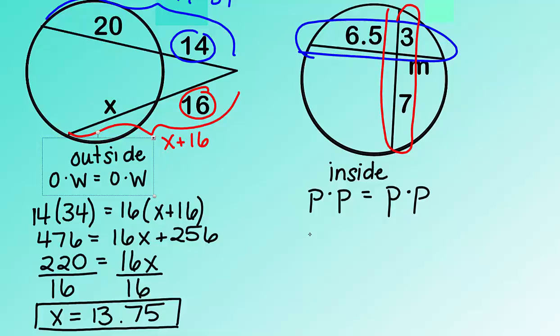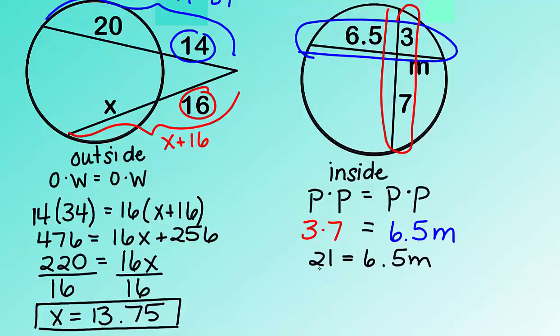And I have 3 times 7, 6.5 times m. That tells me 21 is equal to 6.5m. We'll divide both sides by 6.5, and m is equal to 3.2.